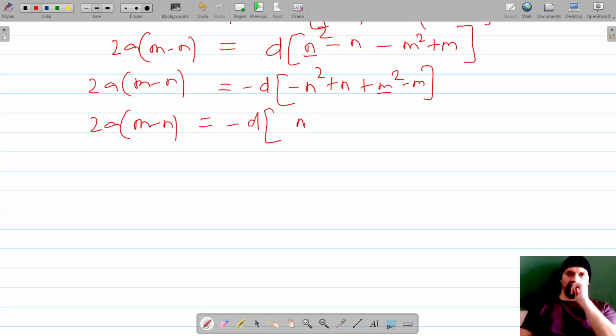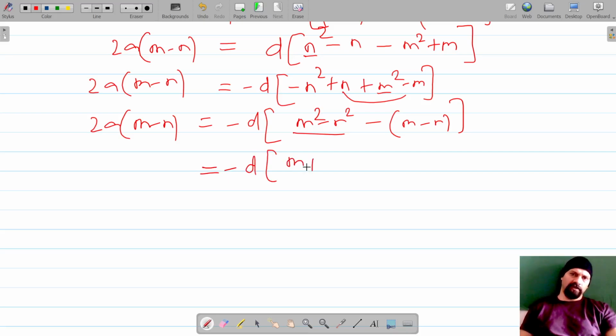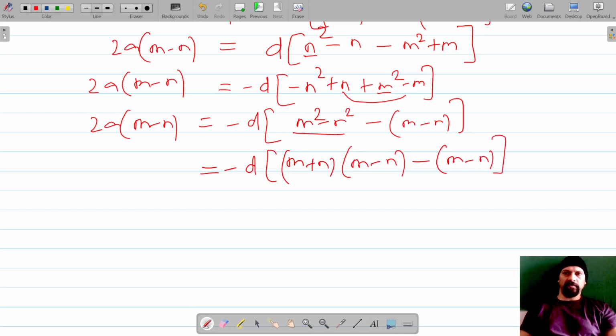Let's regroup this: m square minus n square, and for these two terms I'm going to take the negative out, which gives me (m minus n). And this is a square minus b square, so this is negative d times ((m plus n) into (m minus n) minus (m minus n)).